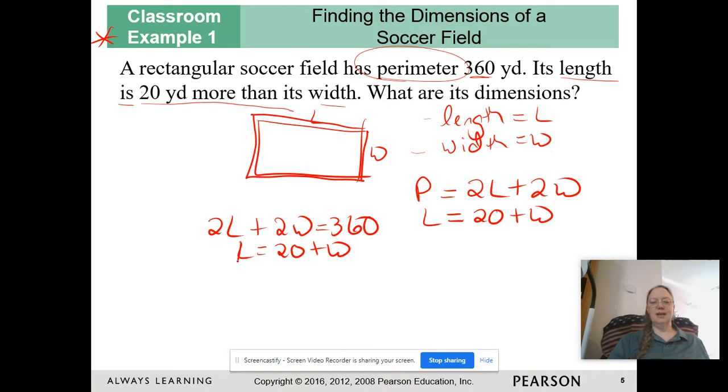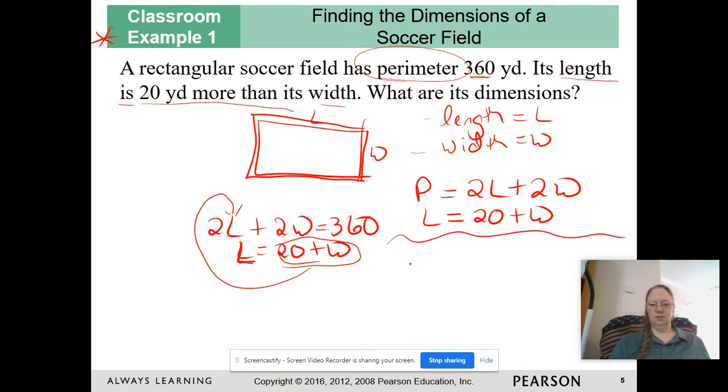L equals 20 plus W, and this is set up for substitution because I have L equals. You can use either substitution or elimination when you're solving these systems, but this one is set up for substitution. So we're going to substitute in for L. I'm going to substitute my 20 plus W, and distribute.